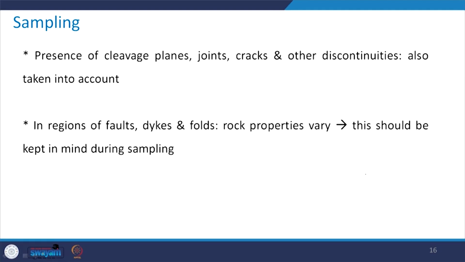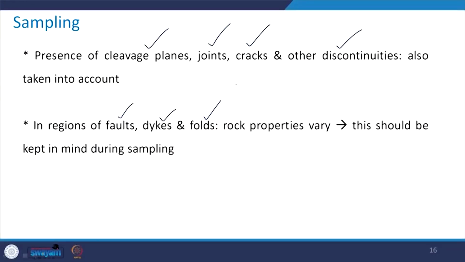Further, the presence of cleavage planes, joints, cracks and other discontinuities also should be taken into account. The regions of faults, dikes and folds, where the rock properties vary significantly, should also be kept in mind during the sampling process.